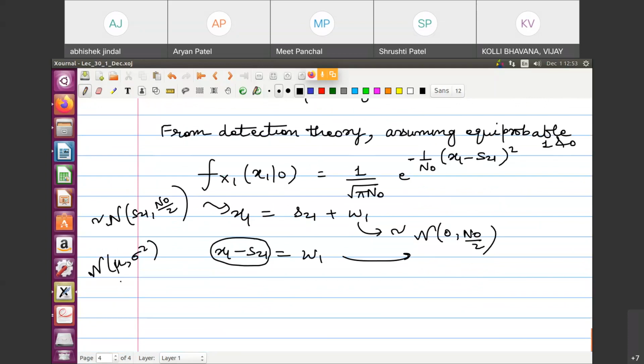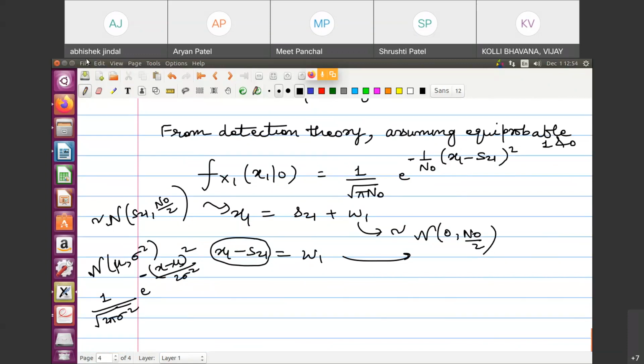I am just writing it for the sake of completion: 1 upon root of 2 pi sigma square, e raised to the power minus (x minus mu) whole square divided by twice sigma square. So if you put in sigma square equal to N0 by 2, the 2 gets cancelled, so you will have 1 upon root of pi N0 and e raised to the minus (x minus s21) whole square divided by N0. That is the way you obtain it.